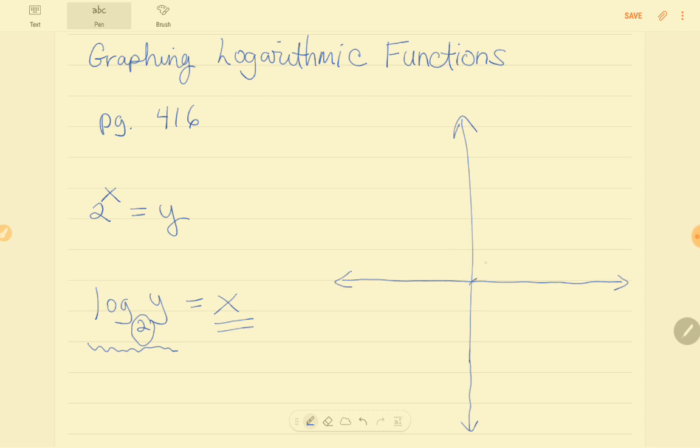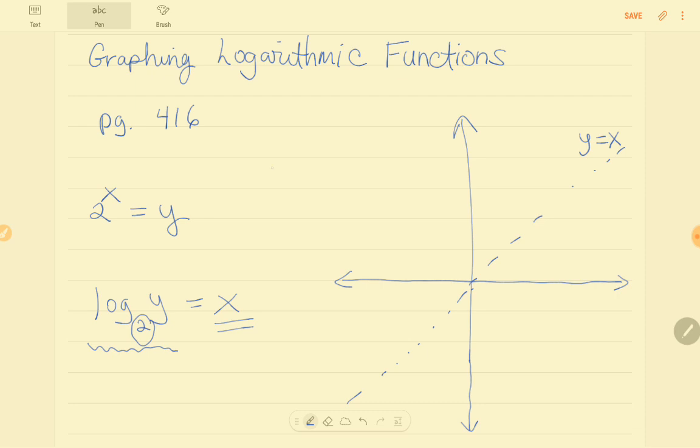And because they're inversely related, if you graph them both on the same xy coordinate plane, you will see that they're symmetric across the identity function y equals x. So we might need to recall a little bit about inverse functions. Inverse functions have the effect that the x's and y's swap places.